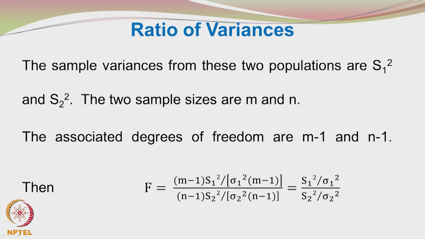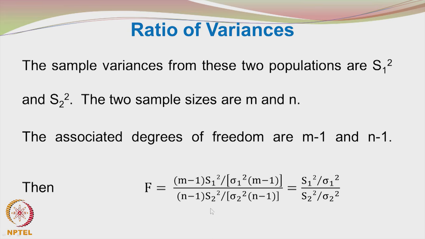So when you expand the chi-square distribution, you see that chi-square 1 is given by (M minus 1) S1 squared by sigma 1 squared. That is the definition for chi-square distribution 1. Then when you divide that by M minus 1, the M minus 1 in the numerator and the M minus 1 in the denominator get cancelled, and you get S1 squared by sigma 1 squared.